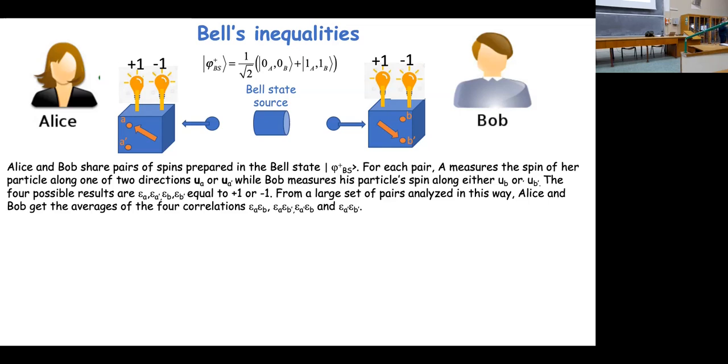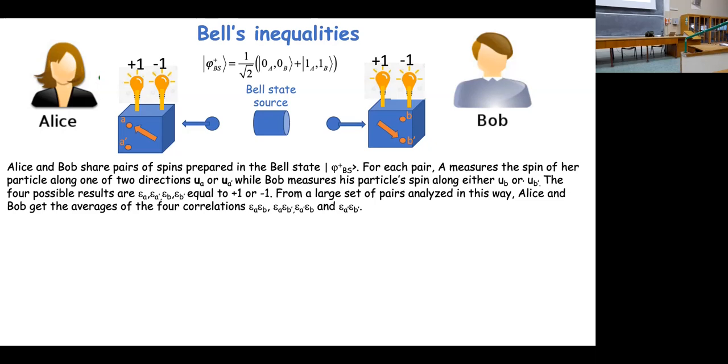She will either measure the spin along A or the spin along A prime. Bob will do the same. He will take two directions, B and B prime, and he will measure the spin either along B or along B prime. And for each pair of spins, Alice will make one of two measurements, Bob will make one of two measurements. We'll call epsilon A or epsilon A prime the result of the measurement by Alice, and epsilon B or epsilon B prime the result of the measurement by Bob.